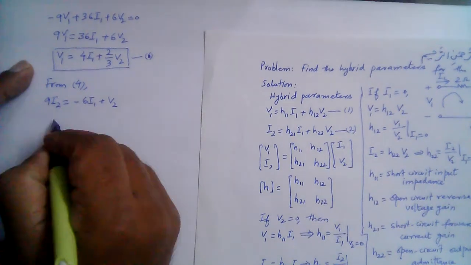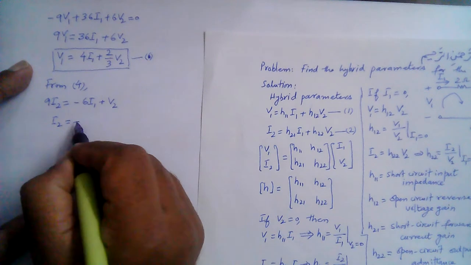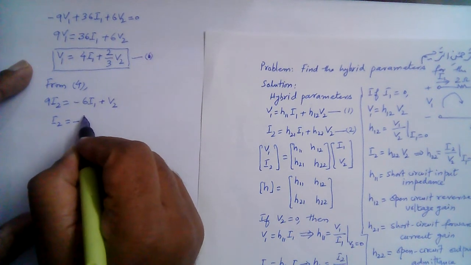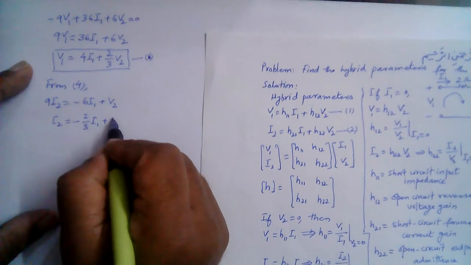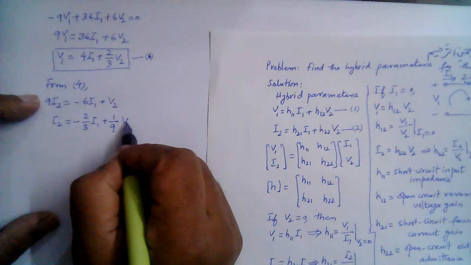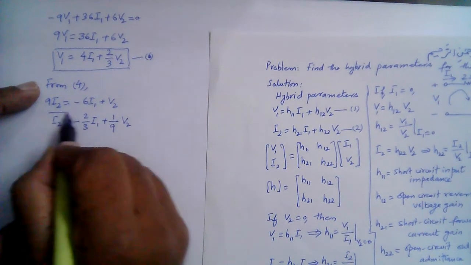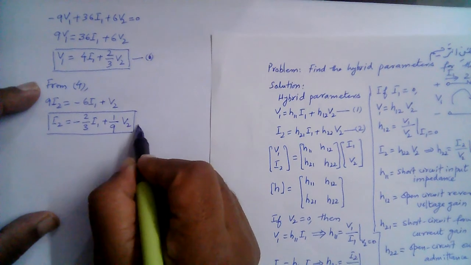So I2, dividing both sides by 9, will be minus 6 over 9, so that will be minus 2 over 3 I1, right? And plus 1 over 9 V2. So this gives us our second equation, which is of the same form as these two equations.